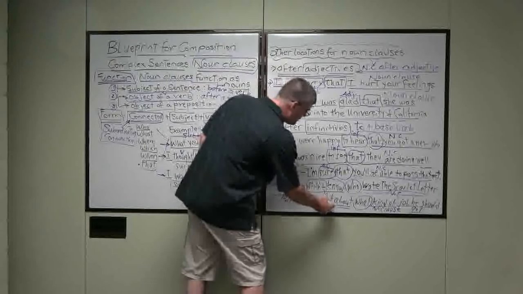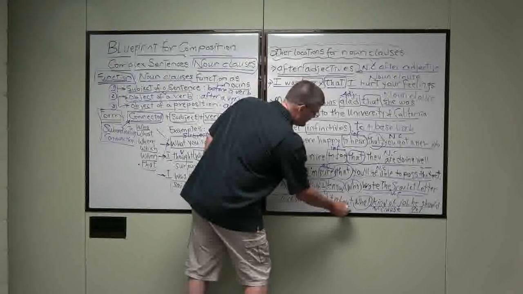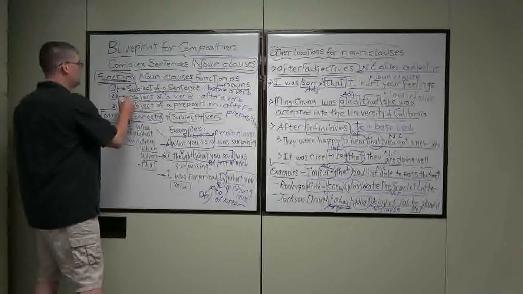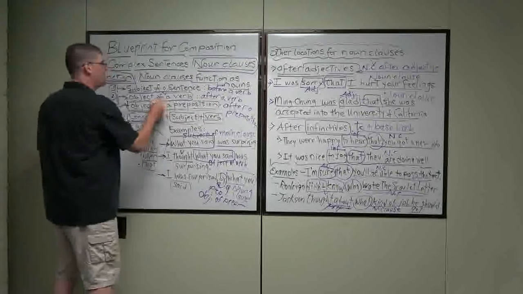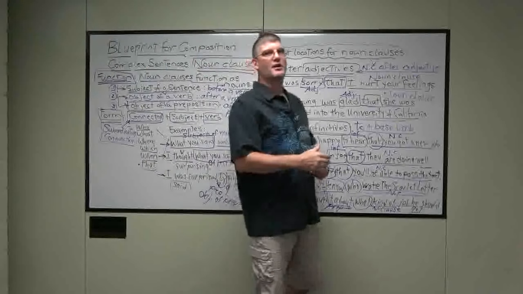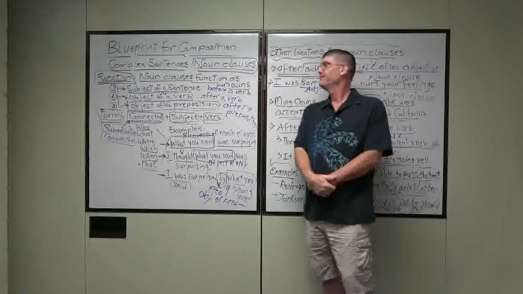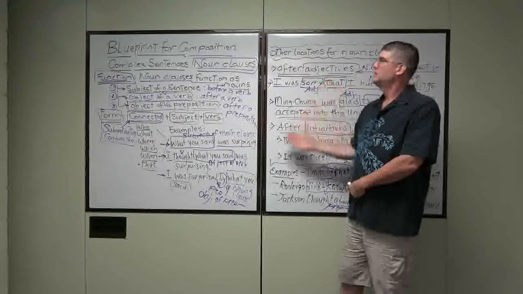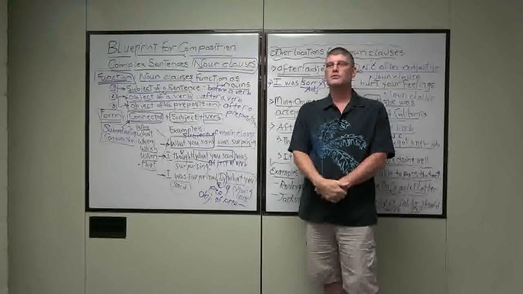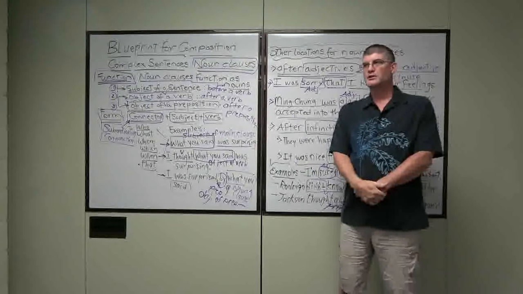The word about is a preposition. So that's preposition plus noun clause, which means it is the object of a preposition. So if you said object of a preposition, you would be correct. So all of these functions, 1, 2, 3, 4, 5, are very commonly used with noun clauses.